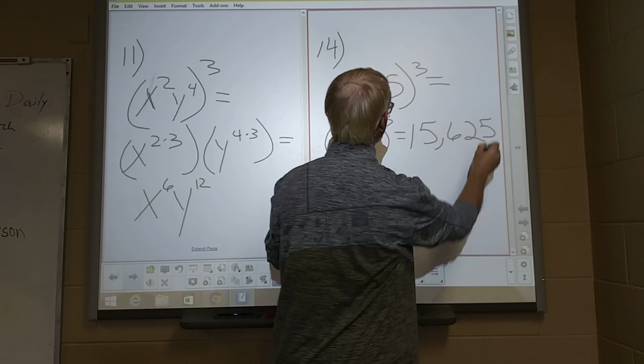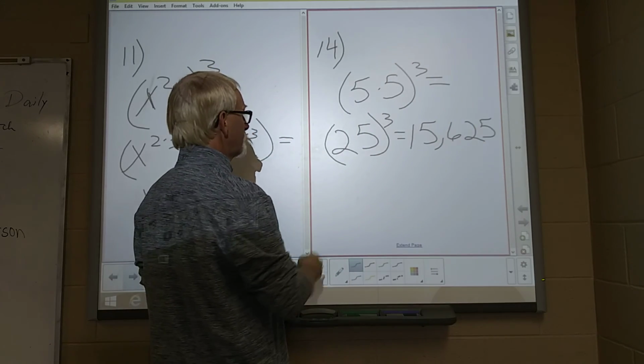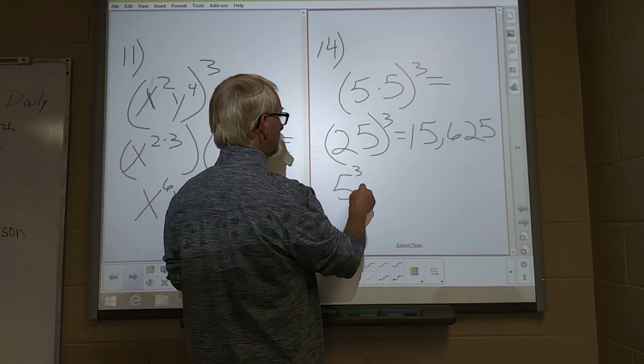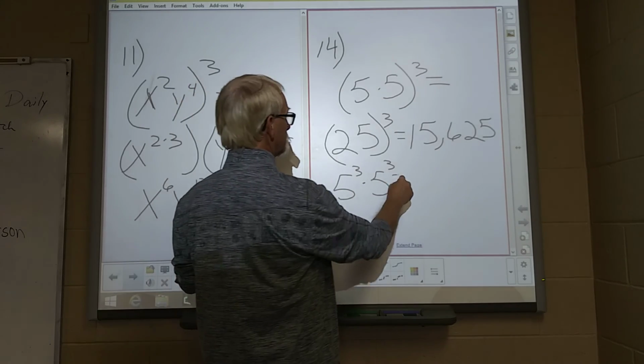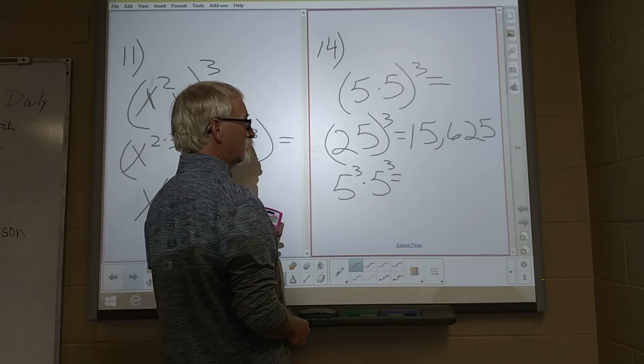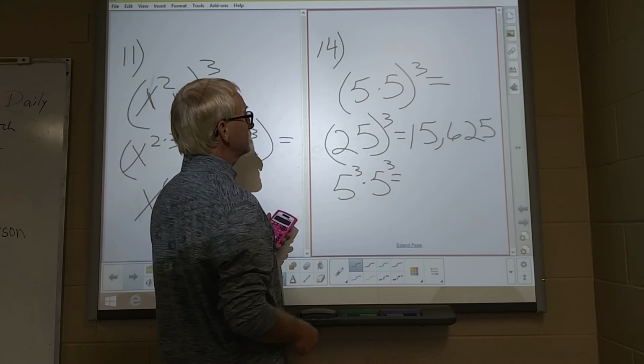And do you get the same answer if you go 5 to the 3rd times 5 to the 3rd, a simplified way? Well, that's equal to 125 times 125, or 5 to the 6th.